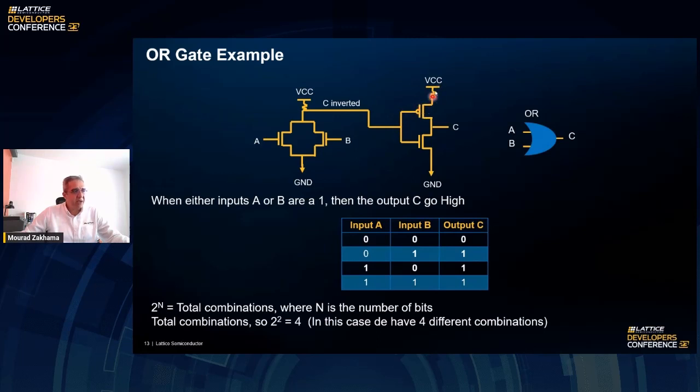This transistor will be active, and the output C will be high, and so on. Since we have 2 inputs, we have 4 combinations here. The number of combinations will depend on the number of inputs you have for this type of logic. The only time you have a 0 is when both input A and input B are 0, and in all the other cases you have a 1 as an output, which is the operation of an OR gate.